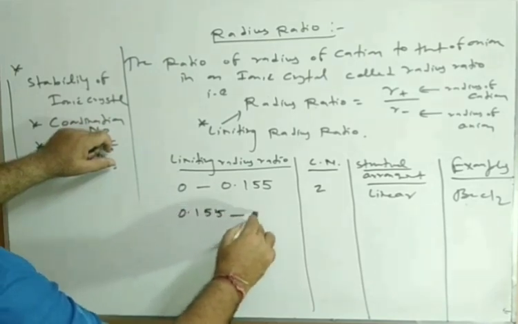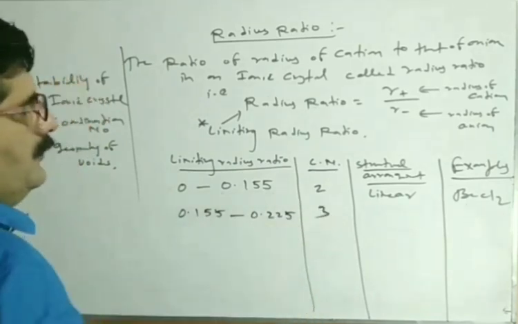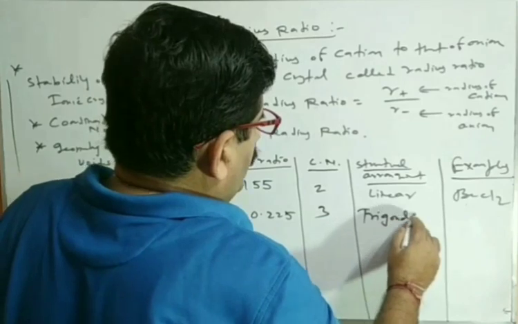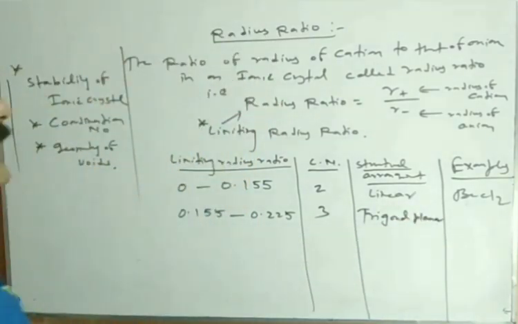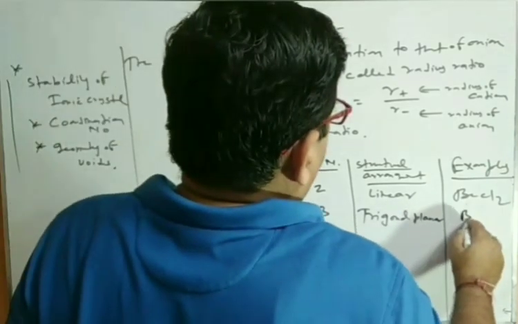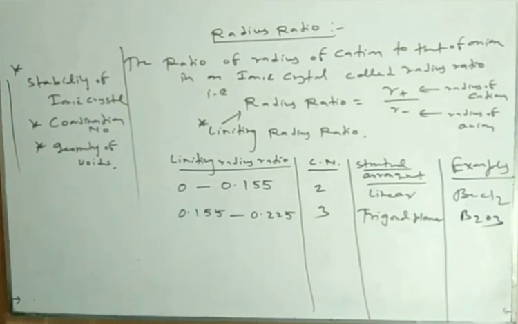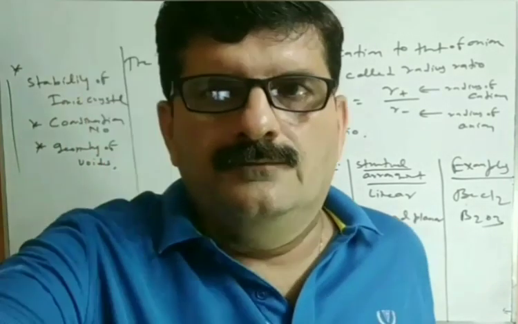The second one, 0.155 to 0.225. The coordination number 3, geometry, trigonal planar. The example becomes B2O3. So B2O3 is the correct example.